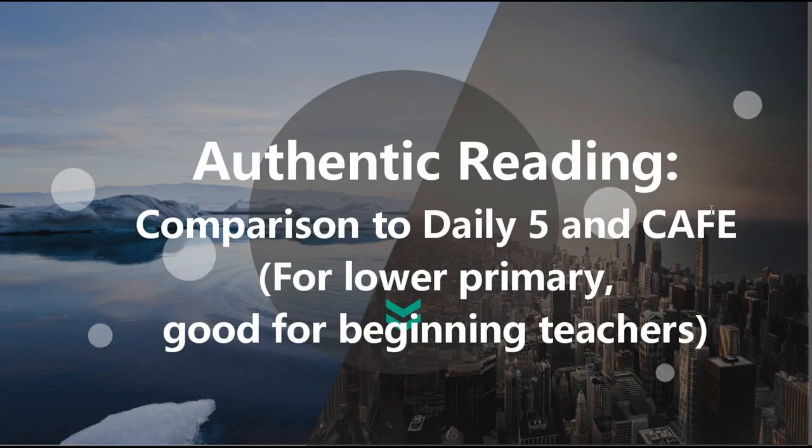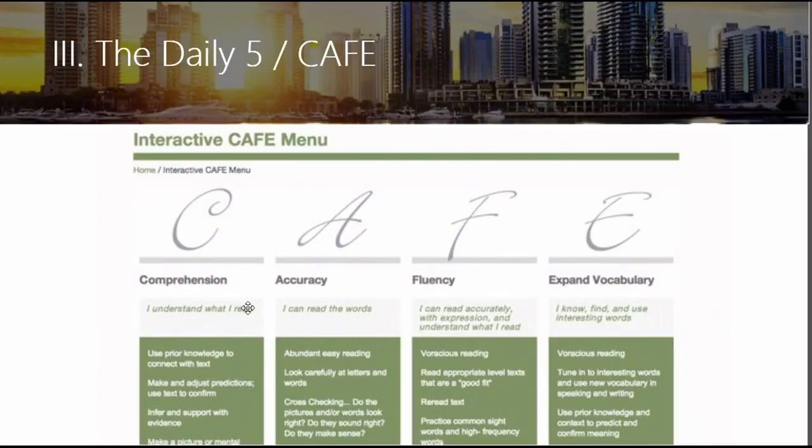So we're going to go ahead and talk about Daily 5 and CAFE. Introduce those to you so you can understand how authentic reading uses the same ideas, though not necessarily in the same order. CAFE stands for Comprehension, Accuracy, Fluency, and Expanding Vocabulary. A lot of reading comprehension is not really about teaching reading comprehension.